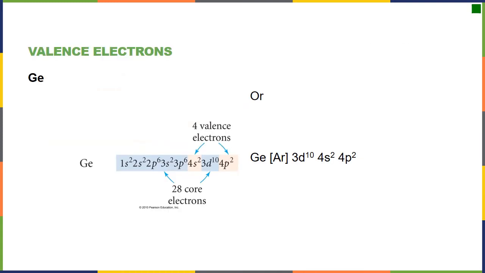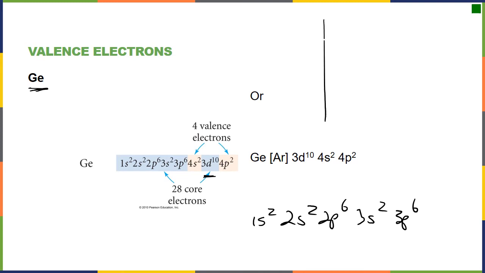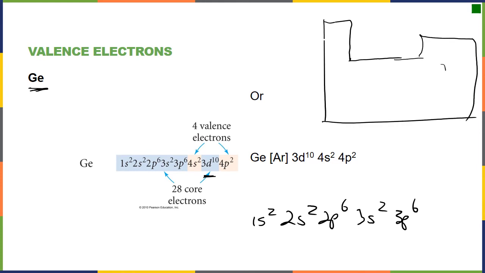We can do this for things that are significantly more complicated. So here, if we take a look at germanium. Germanium, if we consider this, is going to be all the way out after the 3d10 electrons. So filling up, we're going to have to go from 1s2, 2s2, 2p6, 3s2, 3p6, and if we continue to go, as we find ourselves looking for germanium, we're going to be right over here.